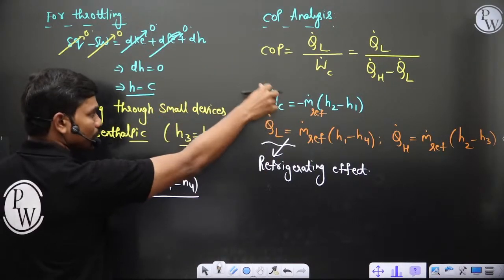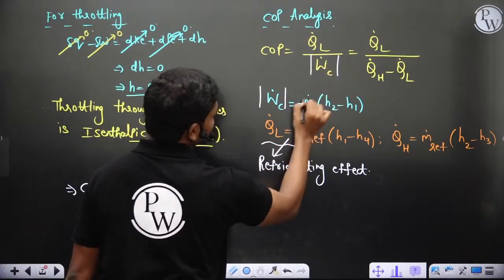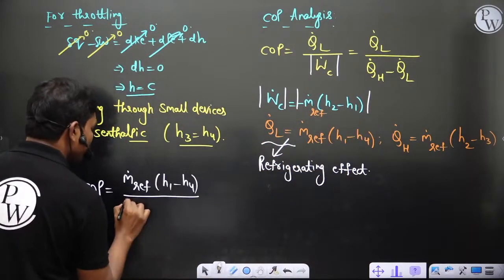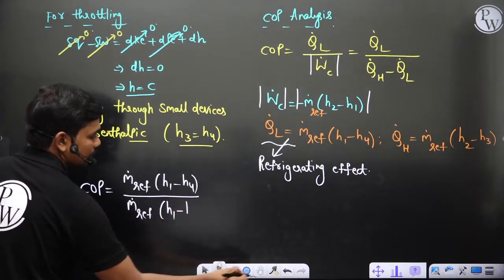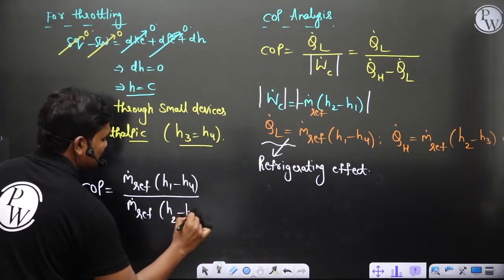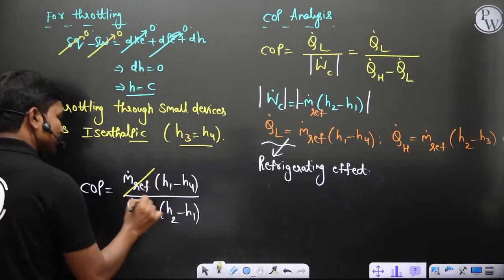So the work input, in this expression, is a magnitude. The magnitude of work input to the compressor is m dot refrigerant times H2 minus H1. So m dot refrigerant gets cancelled.